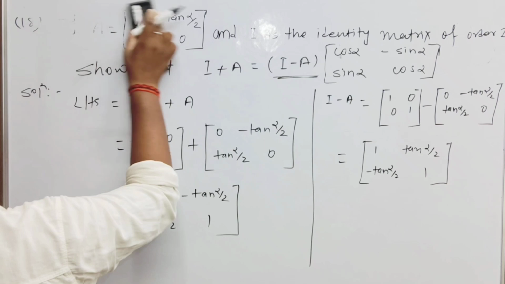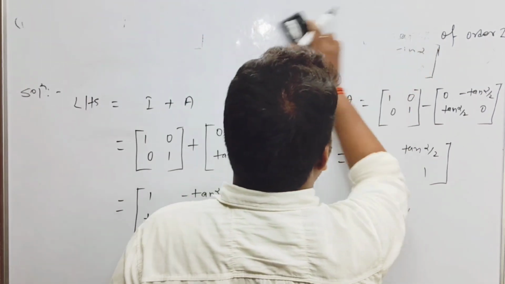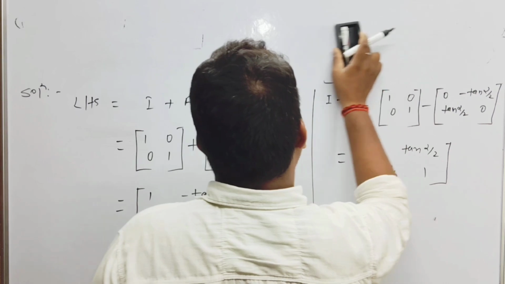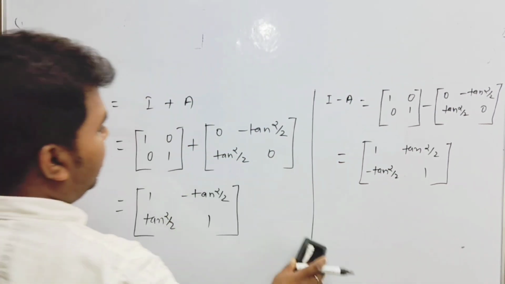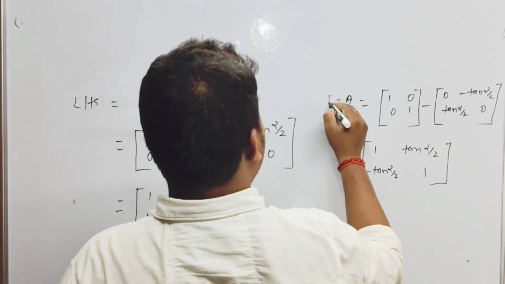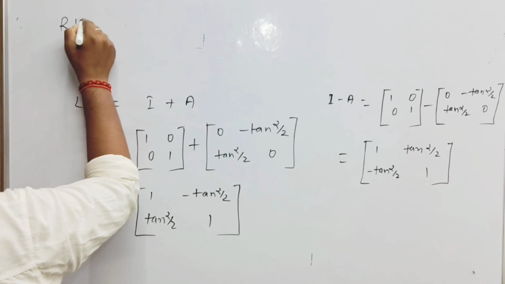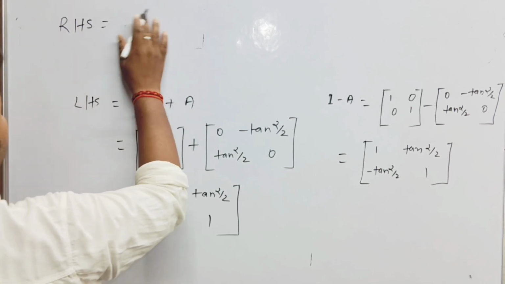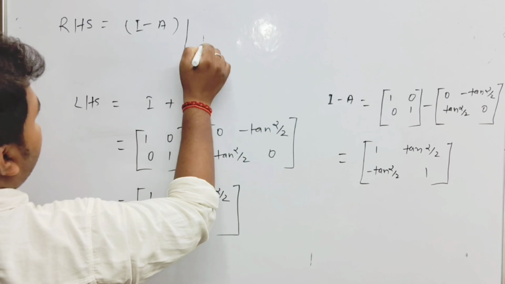First of all, we erase the question. This is the I matrix. Then we have to write RHS, that means I minus A, and the matrix is given.